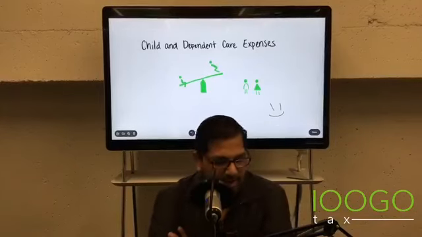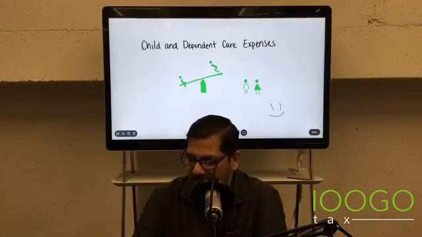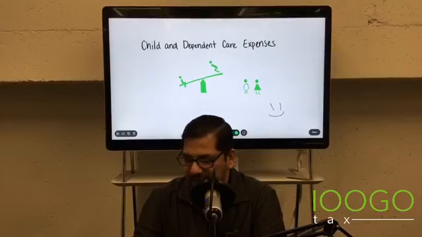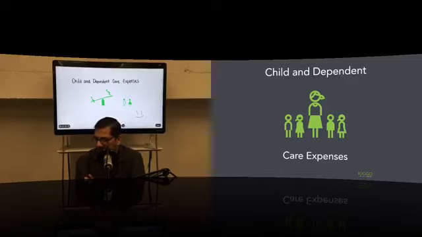So we are talking about the dependent care credit today, and you'll see it there on the screen in a couple of minutes. As you're filing your taxes with IOOGO Tax, you need to understand how this credit works. So we'll go through this process very quickly.